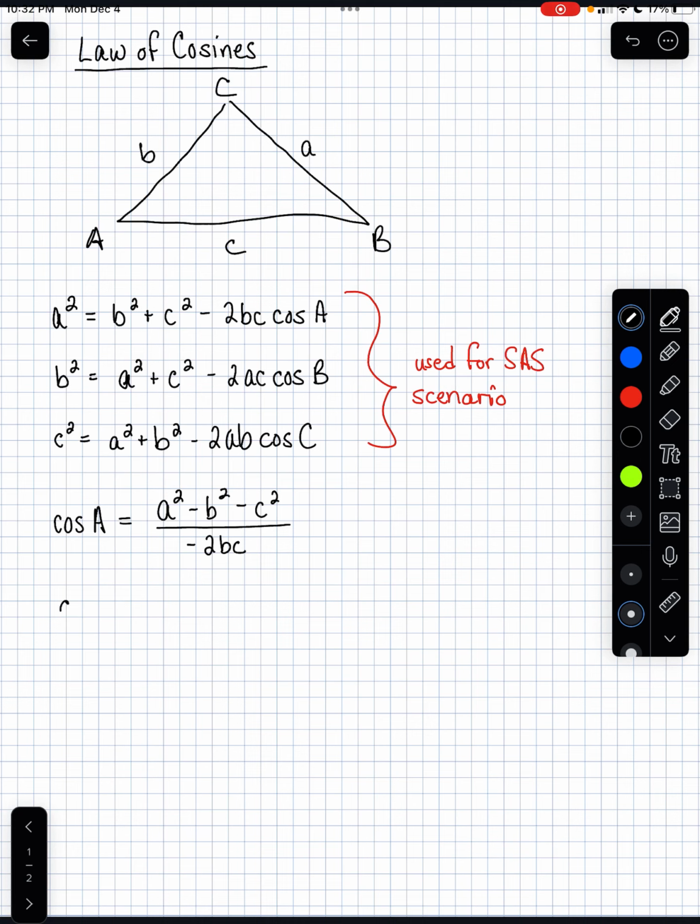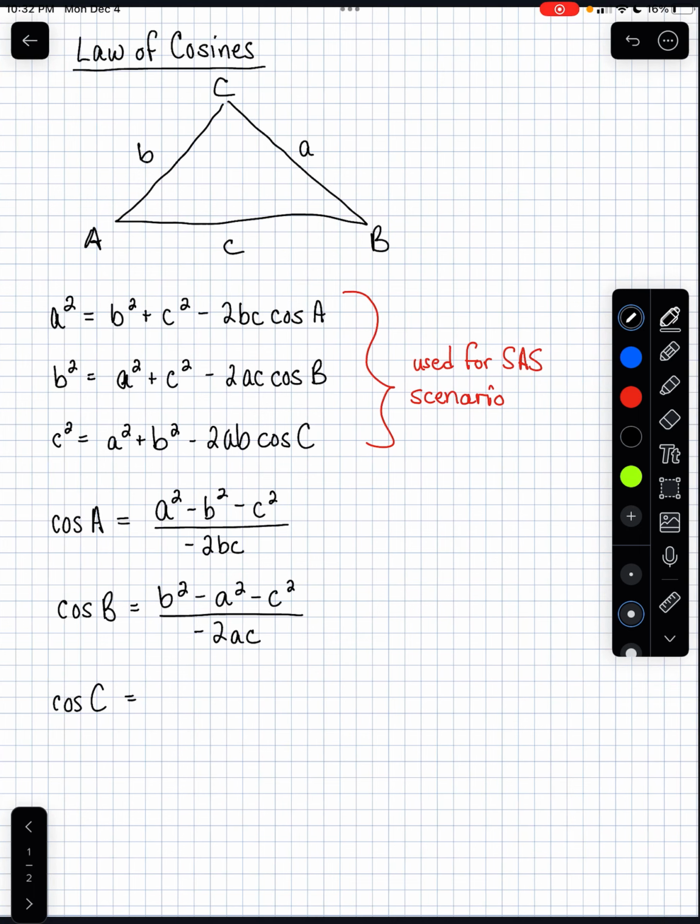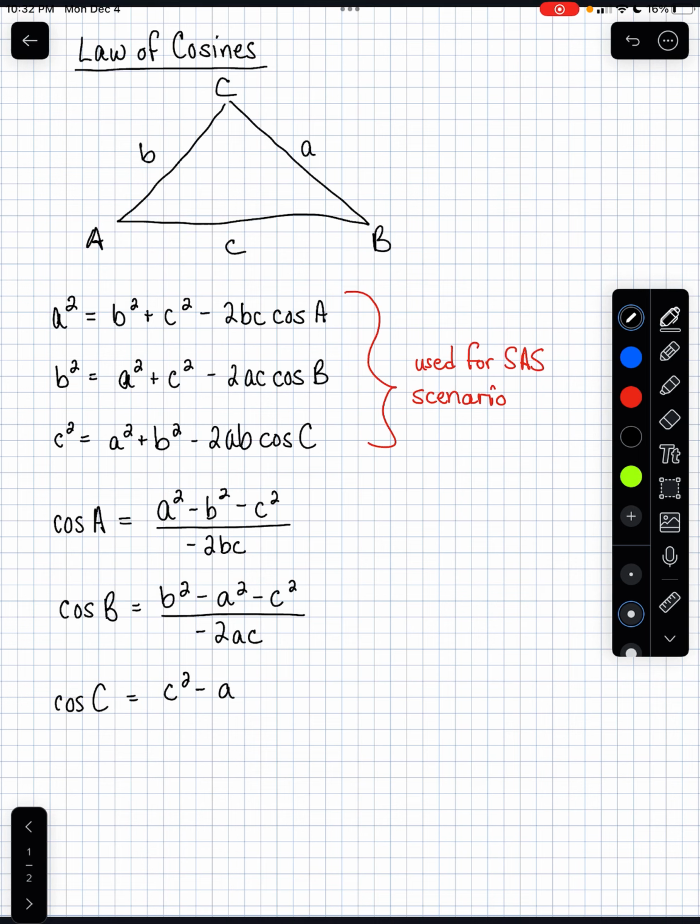The second formula can be solved in the same way for cosine of B, which would result in b squared minus a squared minus c squared over negative 2ac. And in the same way, the third, cosine of C, would be c squared minus a squared minus b squared over negative 2ab.